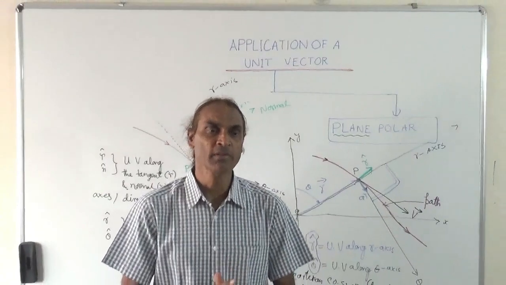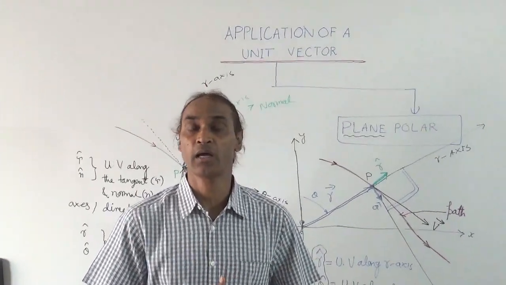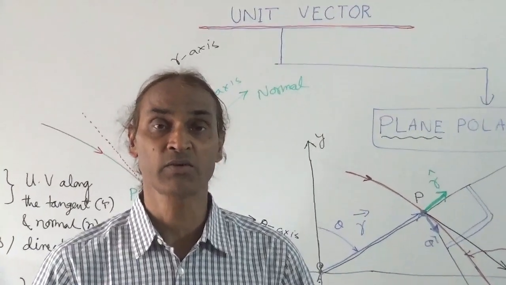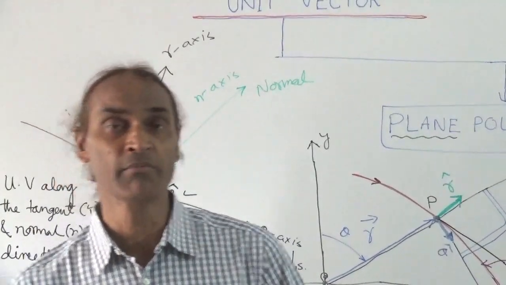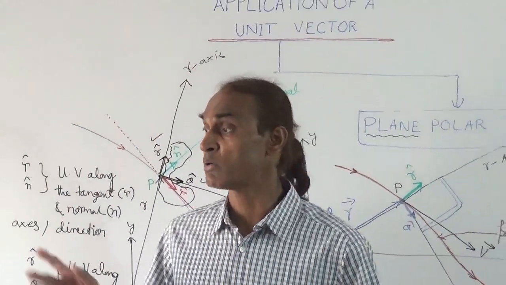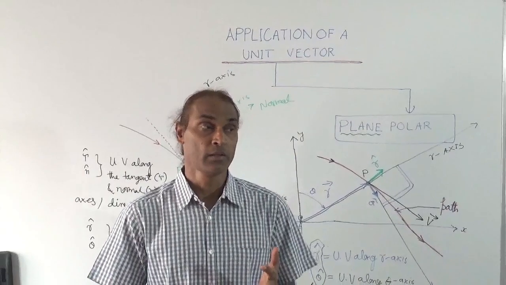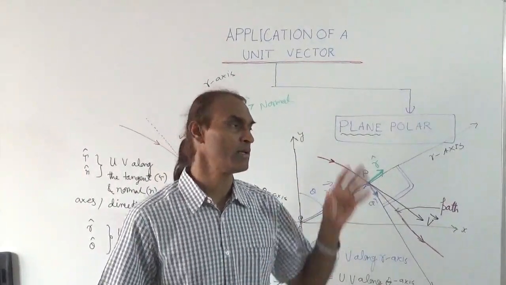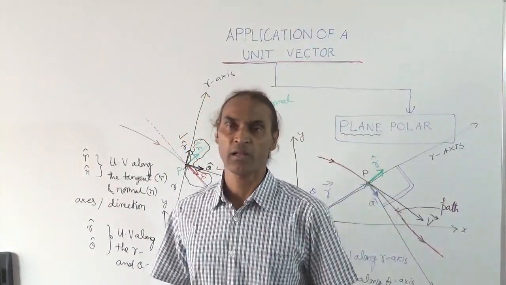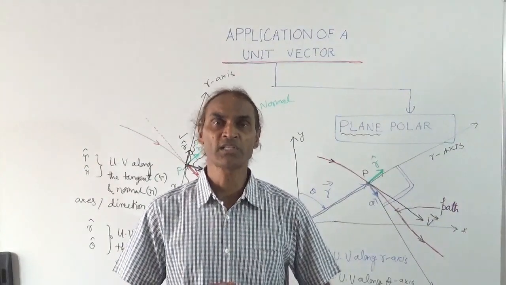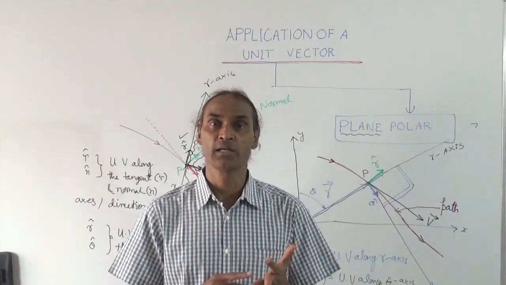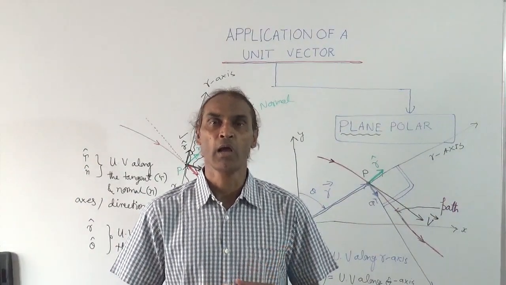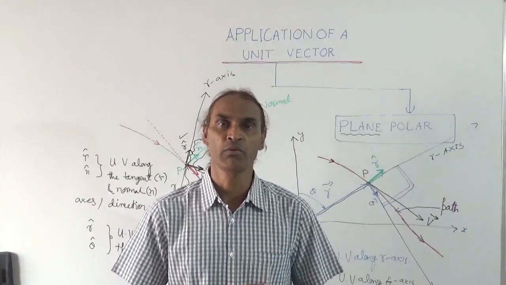When the time comes in my next videos in curvilinear kinematics, when I introduce the different coordinate systems, I will again talk about the plane polar coordinate system, maybe in brief, but for the cylindrical and spherical coordinate systems I will definitely tell you in detail.